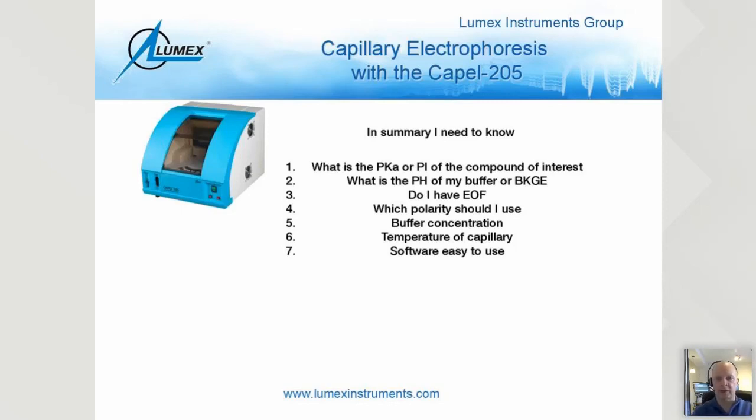The buffer concentration, we didn't mention a lot of things about the buffer concentration. And one rule that you'll see is the higher the buffer concentration, the better the resolution and the stacking of your peaks become. But there is a trade-off here. And as you know, in chemistry, everything tends to equilibrium.